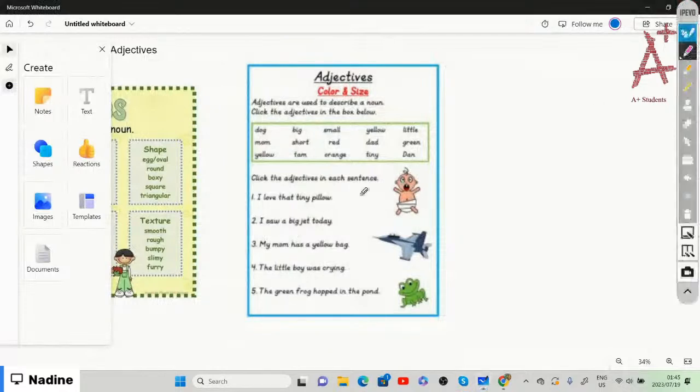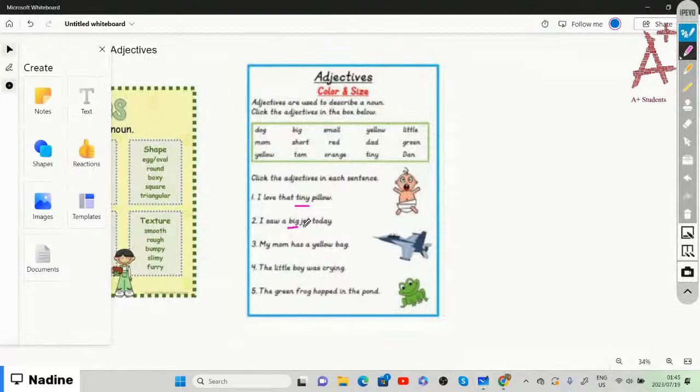which means that we are going to identify tiny as the adjective, as it tells us about the size of the pillow. I saw a big jet today. Big tells us about the jet, or how it is in size.